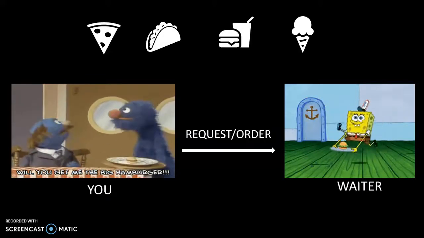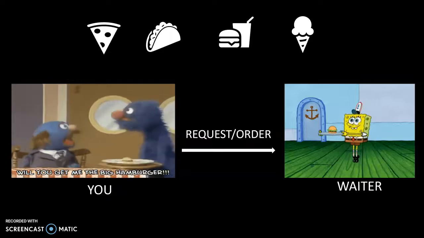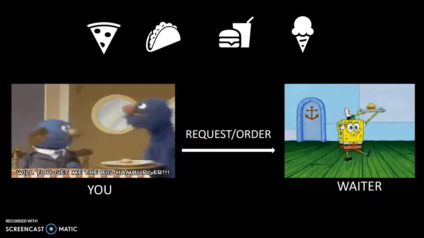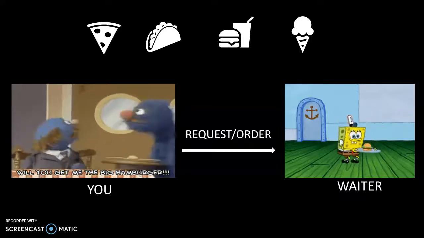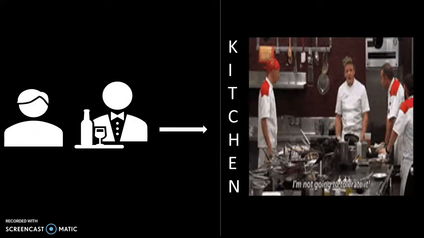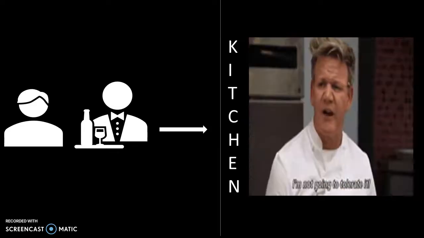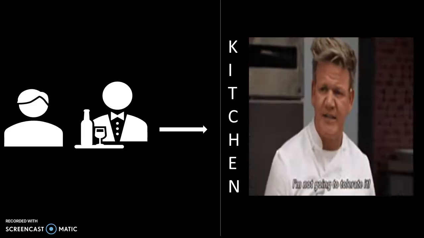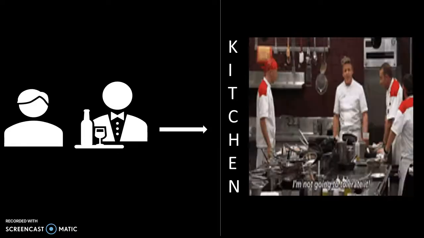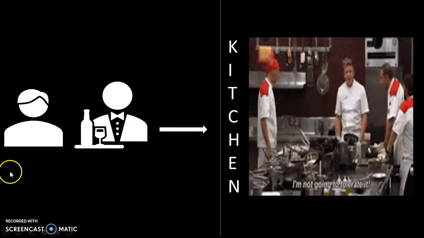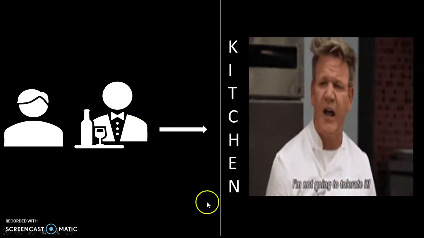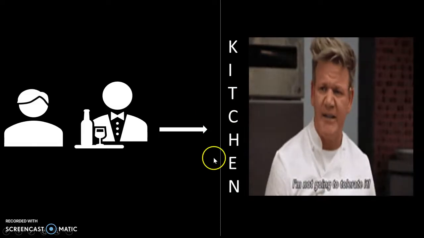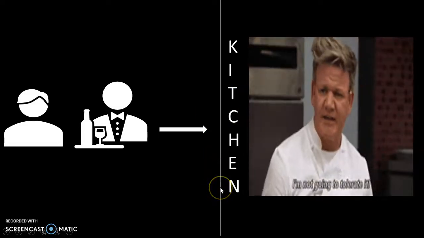So the waiter will take our order or request and bring it to the kitchen and tell them what to do. So in this example, the waiter is like protecting us or shielding us from all the complexities that are happening here in the kitchen while we are waiting for our order.